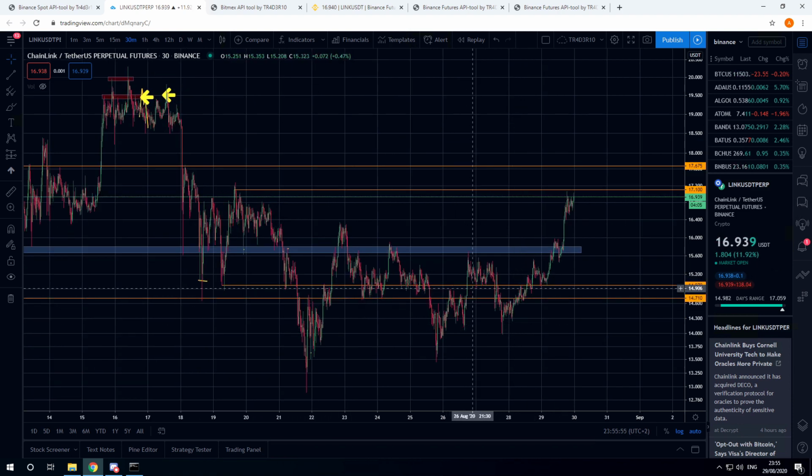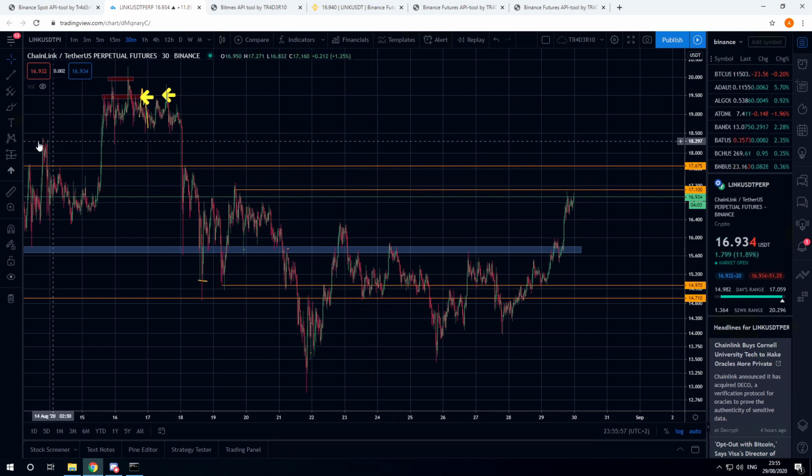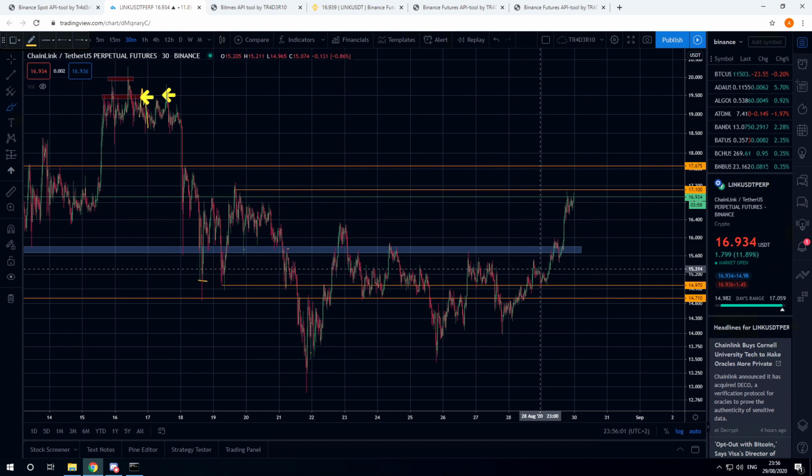And which other patterns do I actually like? Let's see. So what you want to look for are reversal patterns.